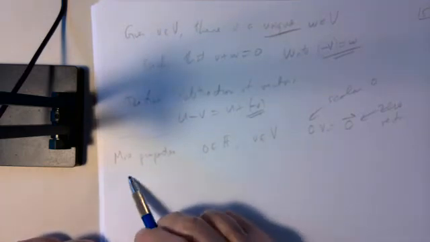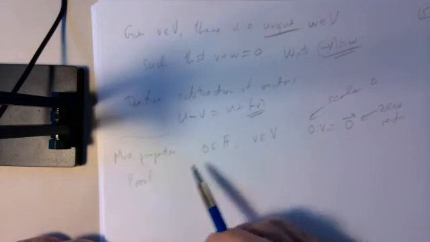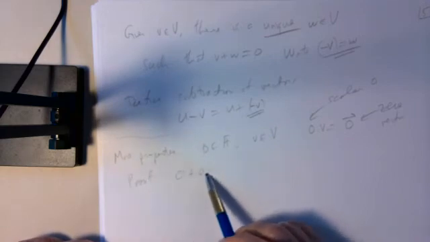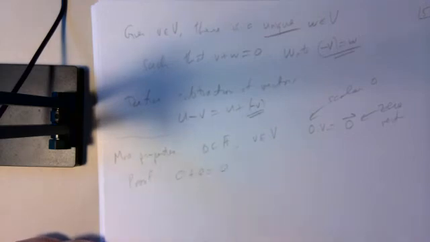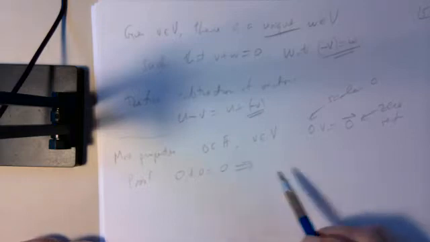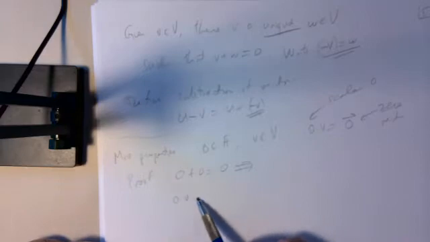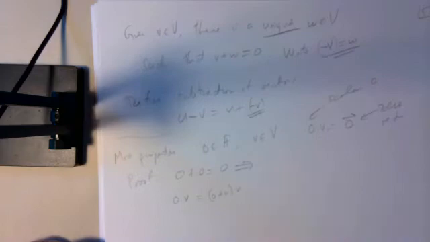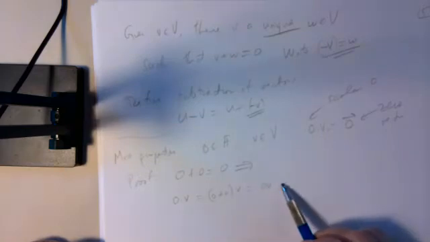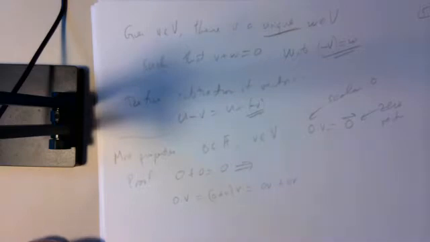And how can we prove that? Proof. We use the fact that 0 plus 0 is 0. So what does this imply? 0 times the vector v is (0 plus 0) times the vector v. And by the distributive law, this is 0 times v plus 0 times v.